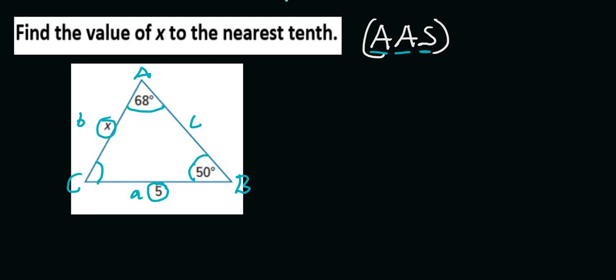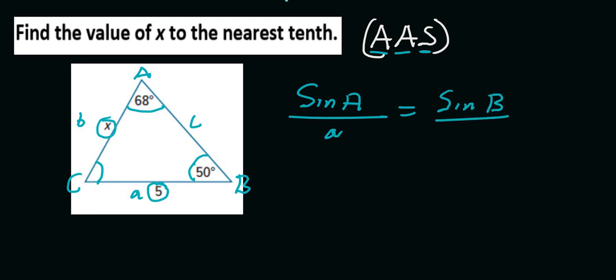So all you have to do is just write down the formula. Sine A over lowercase a equals sine B over lowercase b.